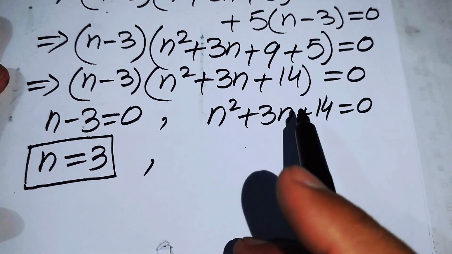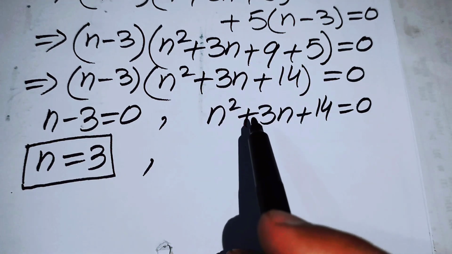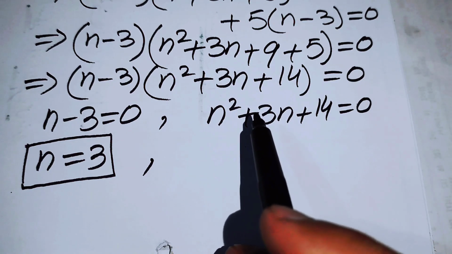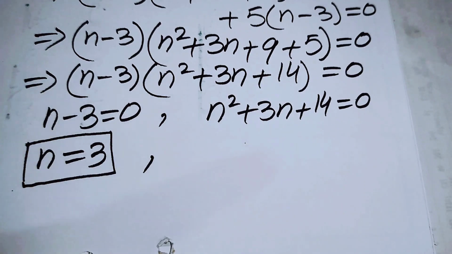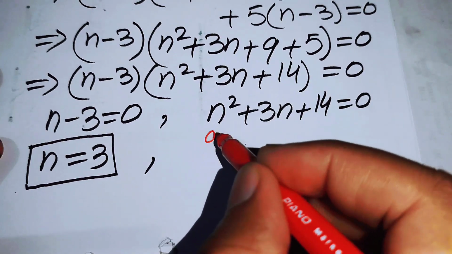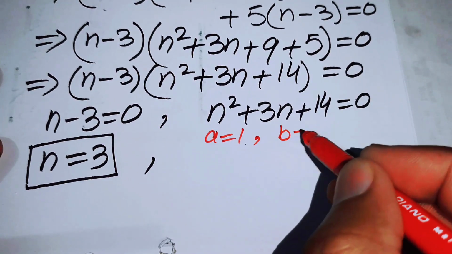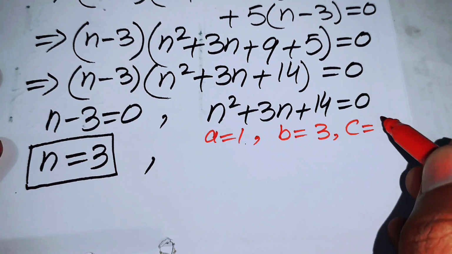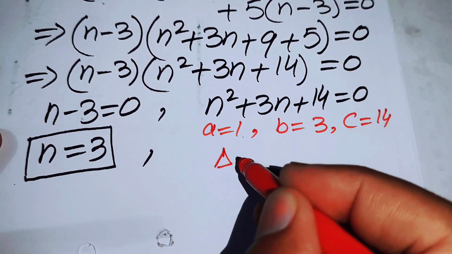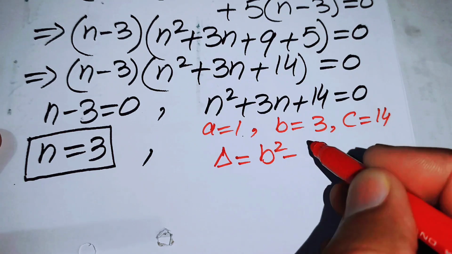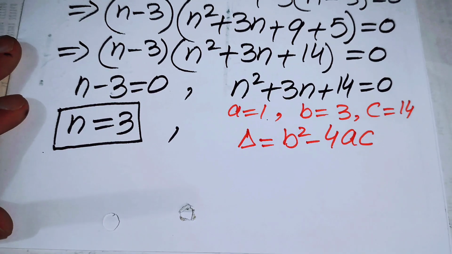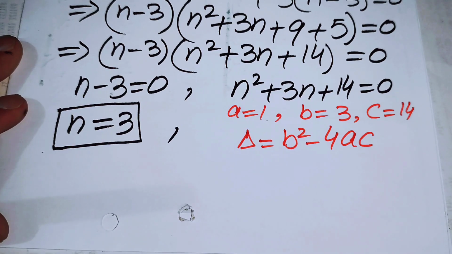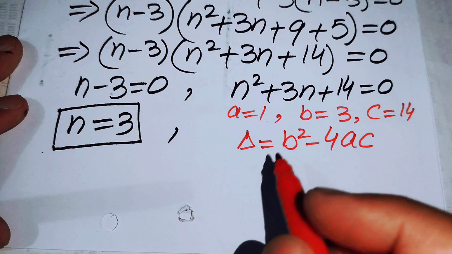First I will check whether this quadratic equation has real roots or not, so I can use the discriminant formula, and you know about this discriminant formula. Here we have the value of a is 1, b is 3, and c is 14, and the discriminant delta is equal to b square minus 4ac. So first I will explain a little bit about this formula.